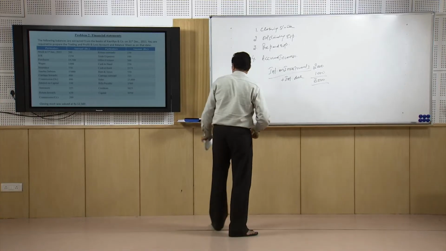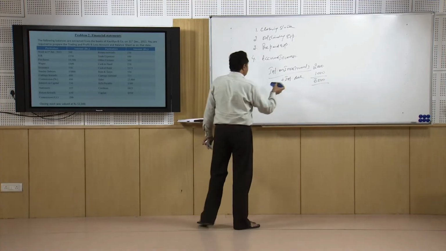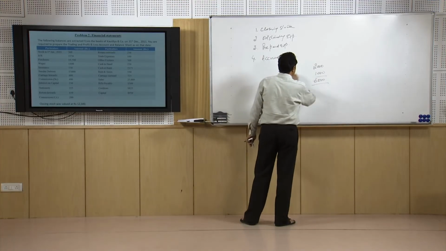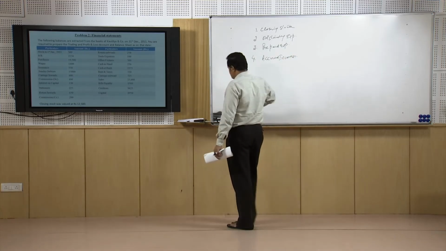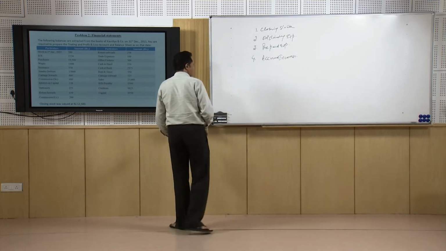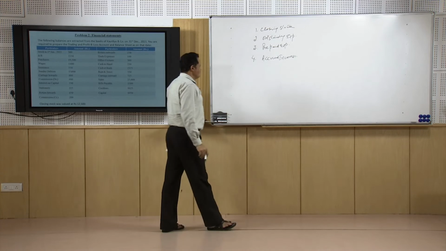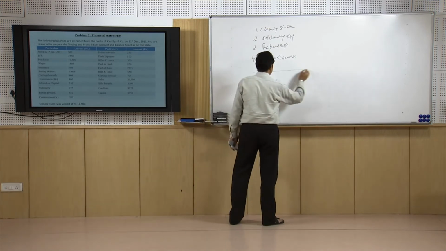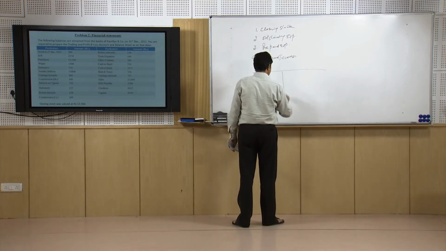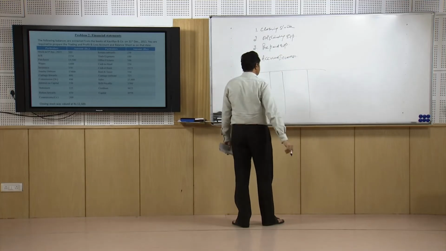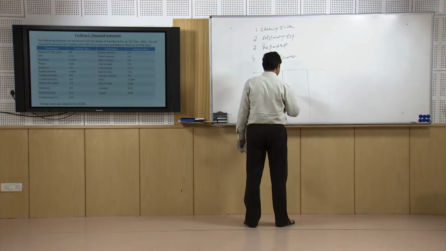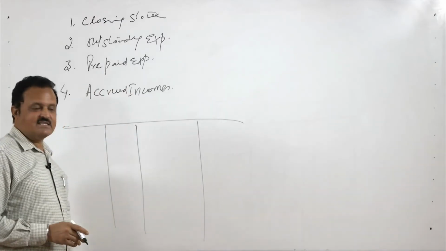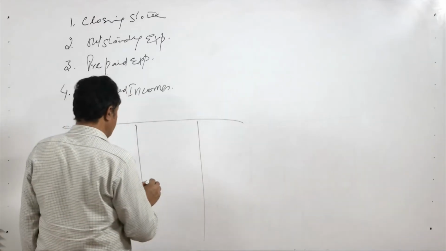Now, how to give the double treatment to this head, the accrued incomes, or for us the accrued interest. The first effect will be in the profit and loss account of that particular year. You will show it on the credit side because it is an indirect income, not a direct income.